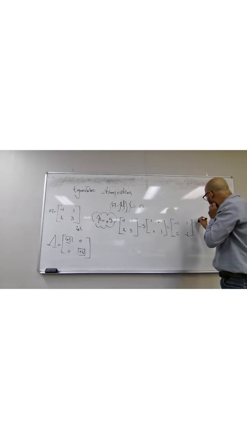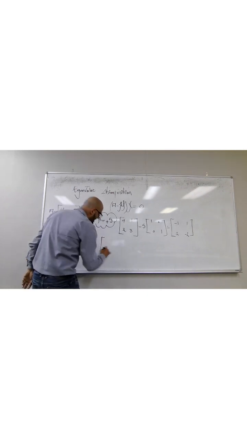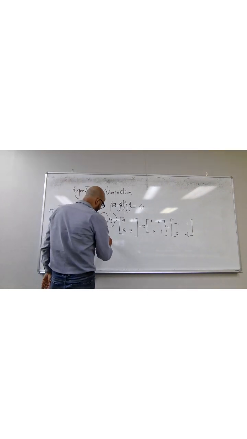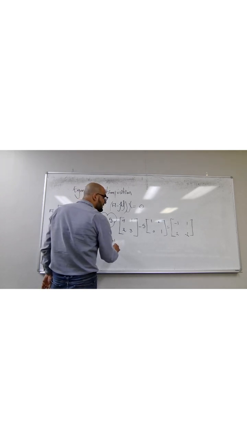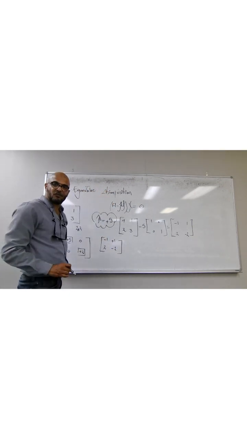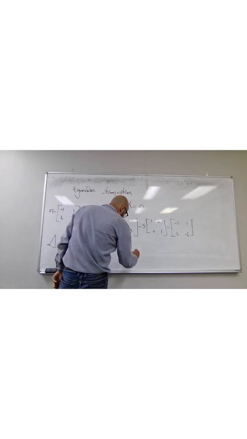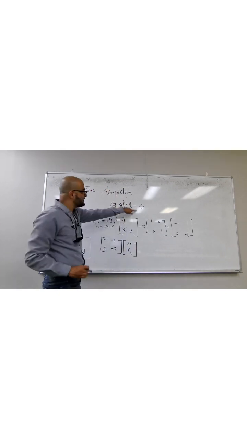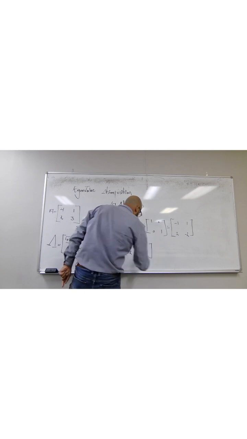I'm going to take this one over here. I know minus 1, 1, 2, minus 2 is going to be multiplied by x, the eigenvector. I'm just going to call the elements x1, x2, but the result is going to be a 0 matrix, which is 0 and 0.